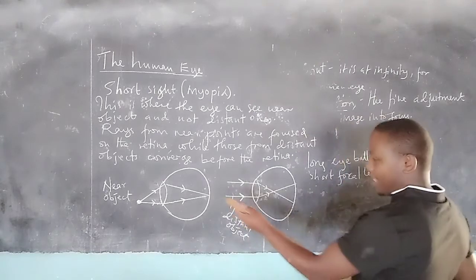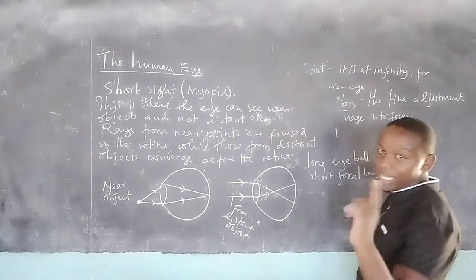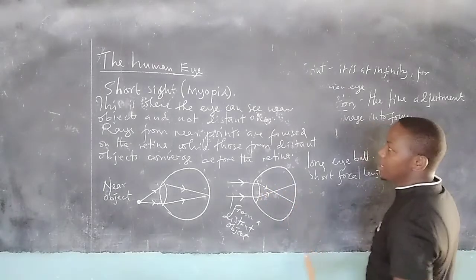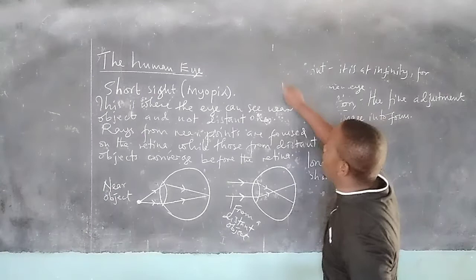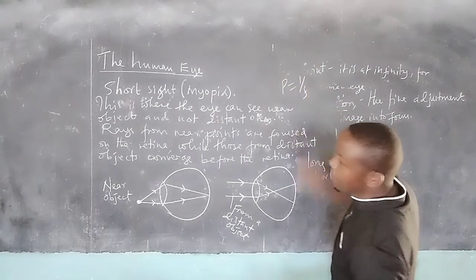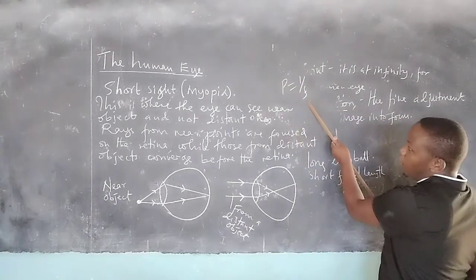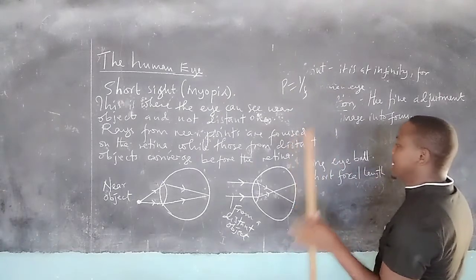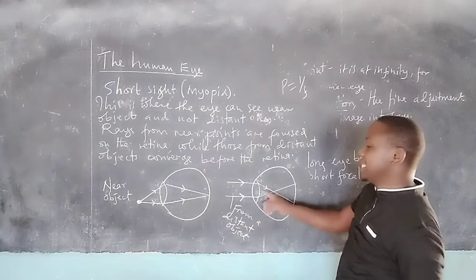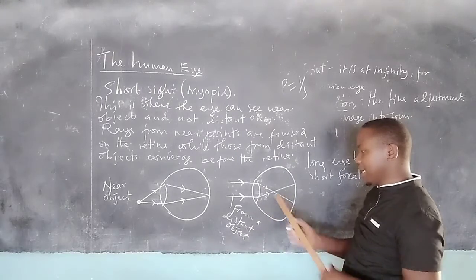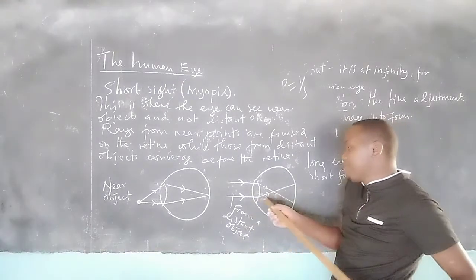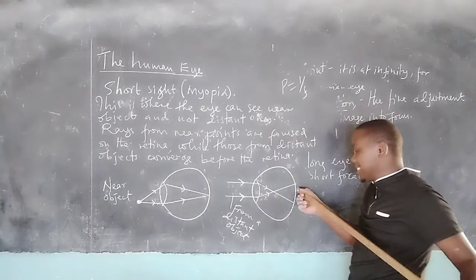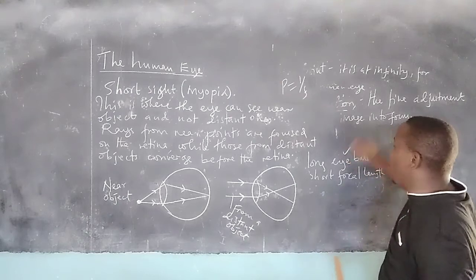A short focal length of the human eye will mean that this eye has high power. Remember, there is what we call power, and it's given by the reciprocal of f. So if f is too small, the power is very high, and that means the refracting ability of the lens is high. That is why the lens can refract these rays and have them converging before they reach the retina.